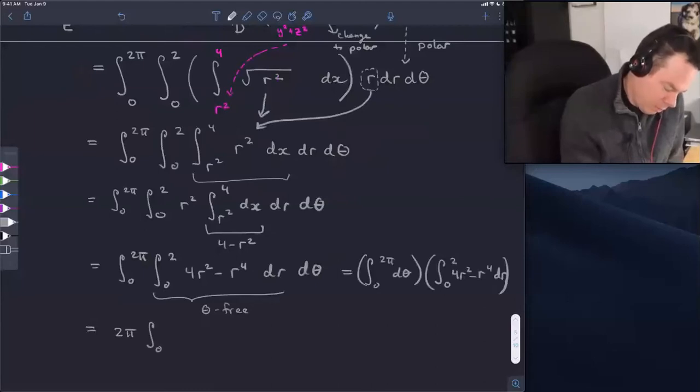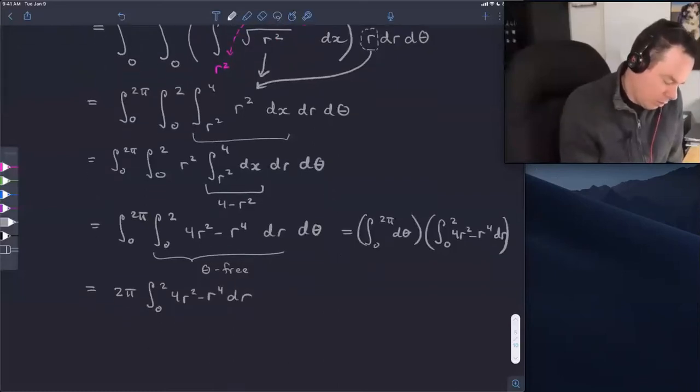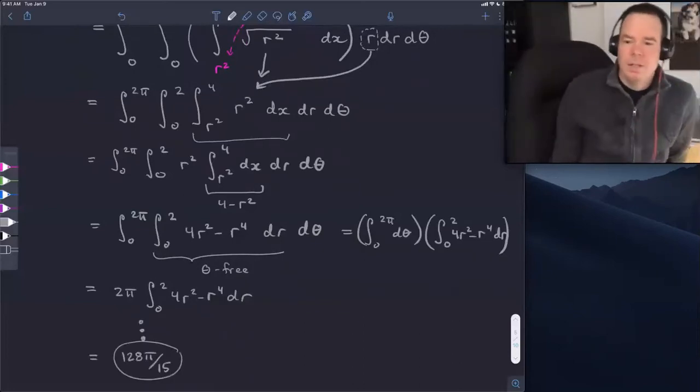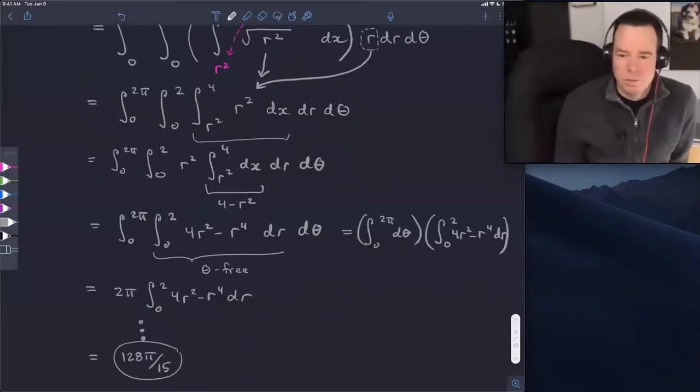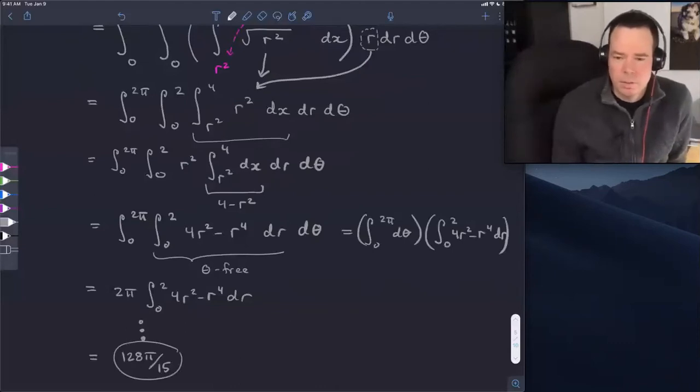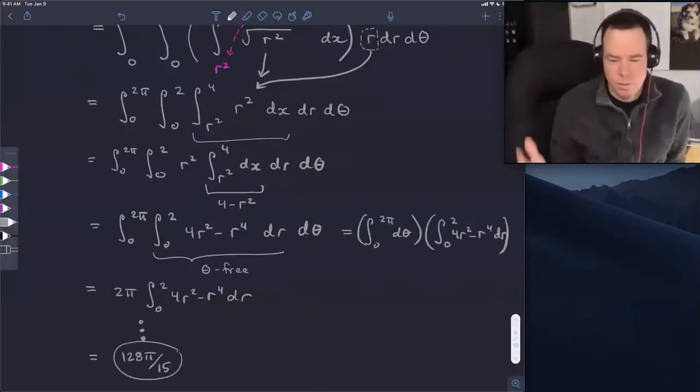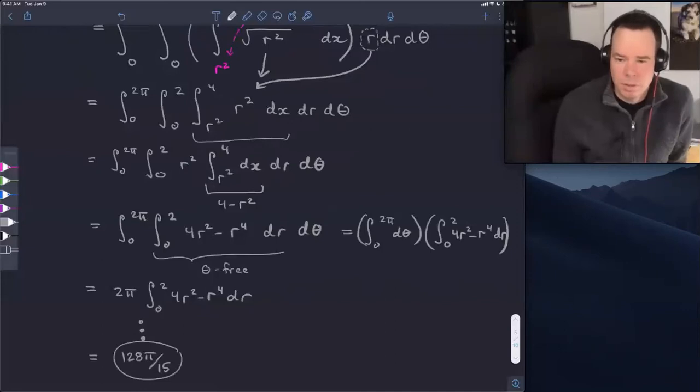And so we're left with just the integral of 4r squared minus r to the 4th dr, which you can then evaluate. It's a polynomial integral, and I'll leave the details for you to evaluate. The key here is not essentially the integrals. That's not the difficult part. The integrals are just 3 integrals from Calc 2 nested inside one another.